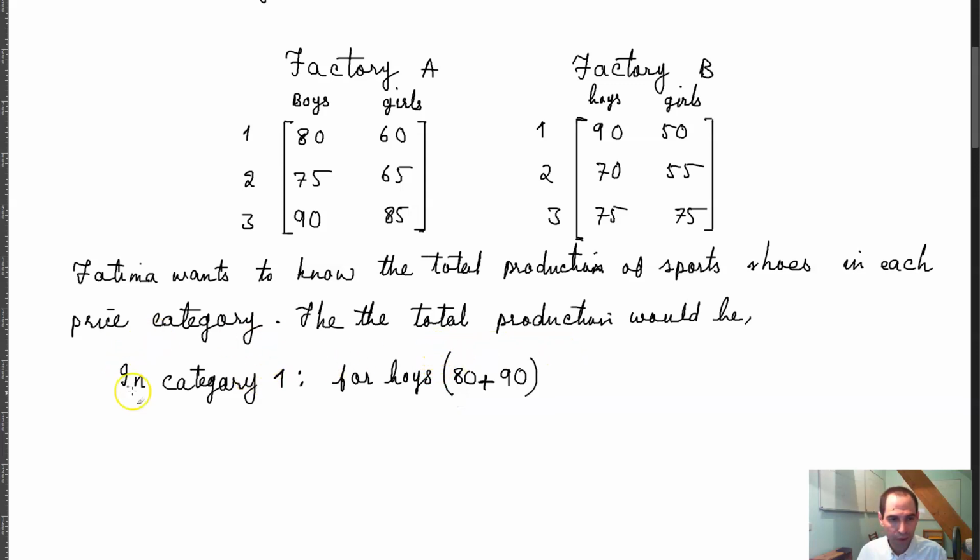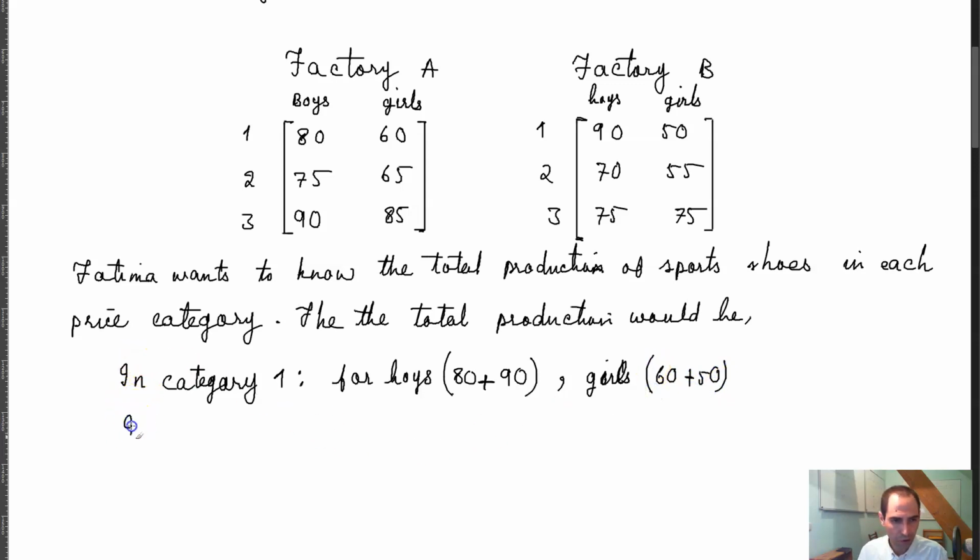For category 1, for girls, at factory A the production was 60, and at factory B the production was 50, right?